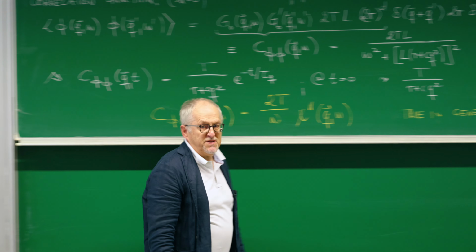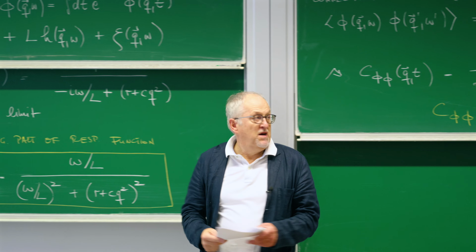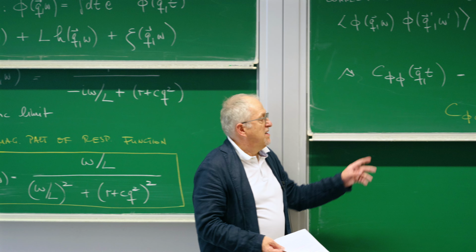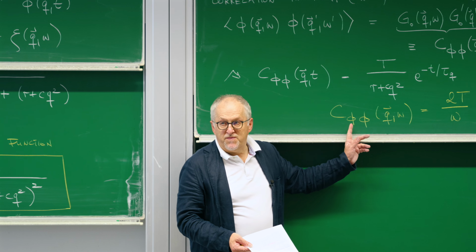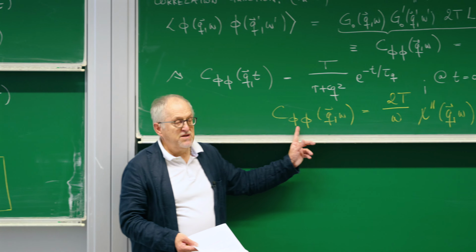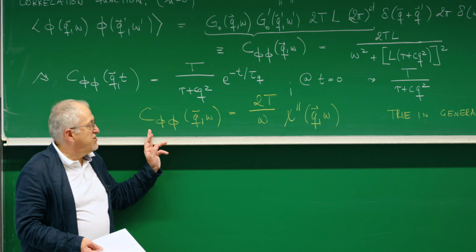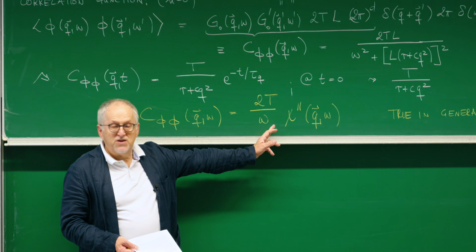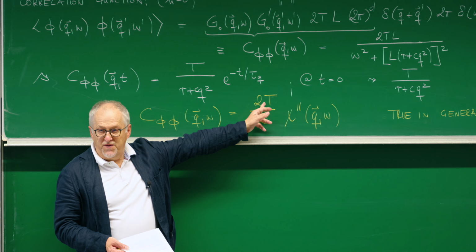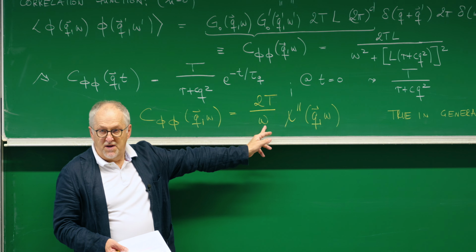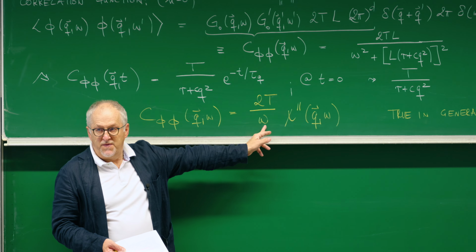Okay, so for this theory, in general, and for a much, much broader class of systems, there is a one-to-one relation between correlation functions and response functions. And the relation between correlation and response functions is via the temperature, which is the prefactor that connects them. And here you have a factor of 1 over omega.